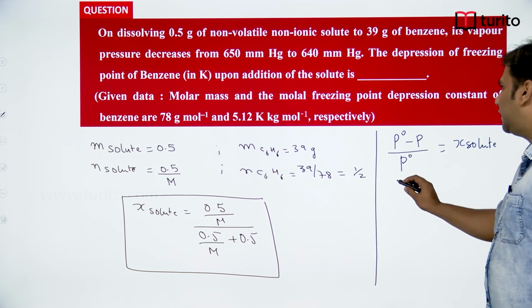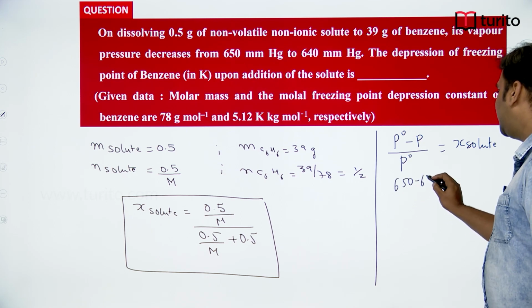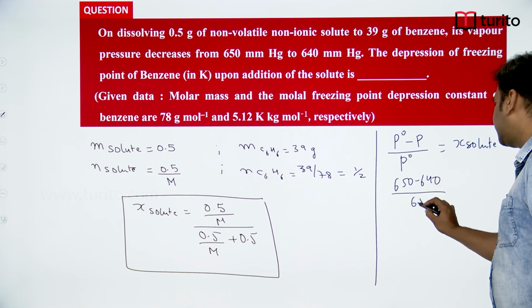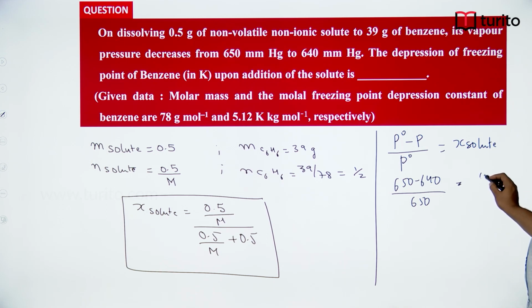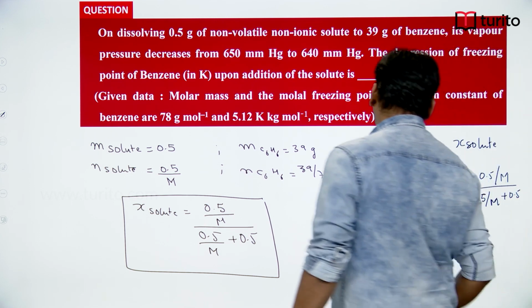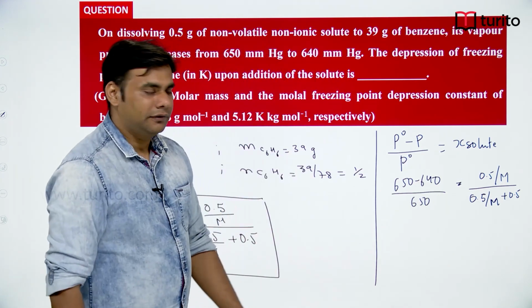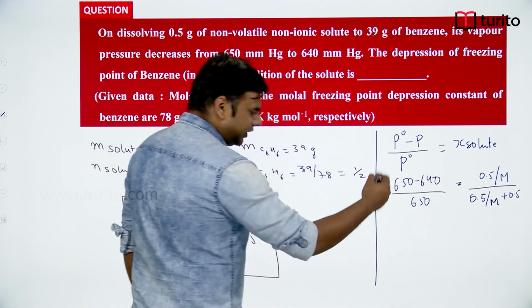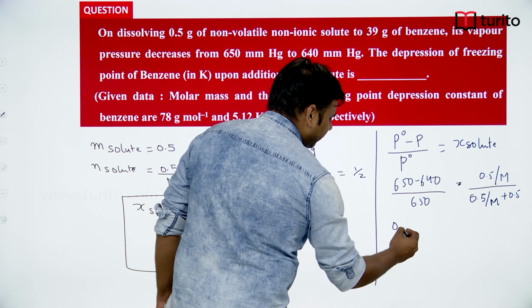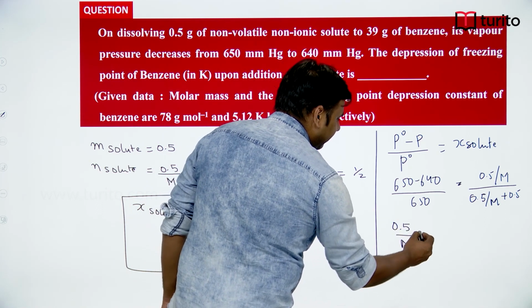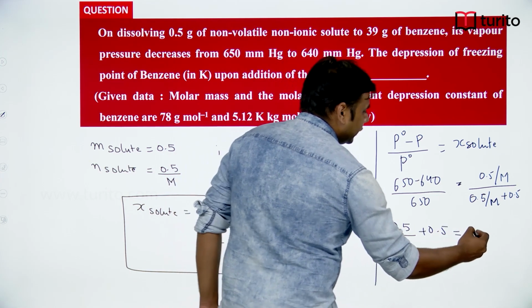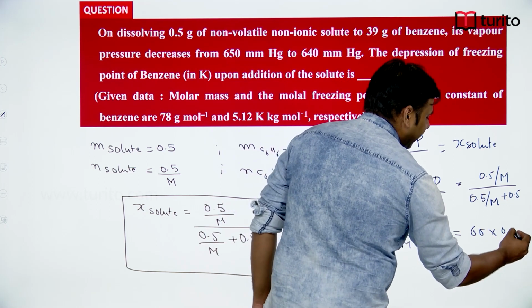So P naught over here is 650, P is 640, and this is equal to 0.5 by m divided by 0.5 by m plus 0.5. You can see that this is 10 by 650, so you can cancel this, and it becomes 0.5 by m plus 0.5 equals 65 into 0.5 by m.